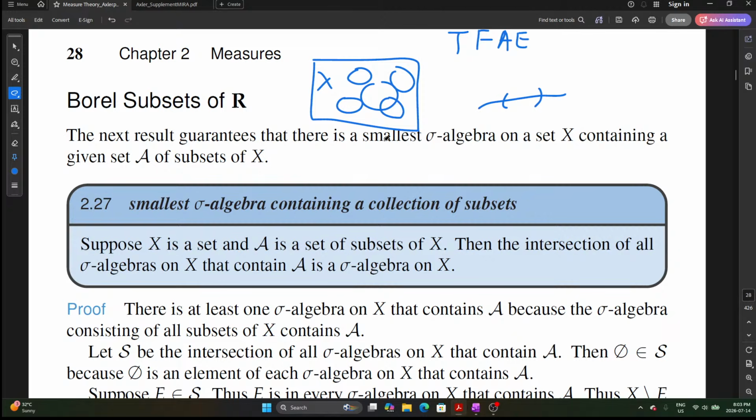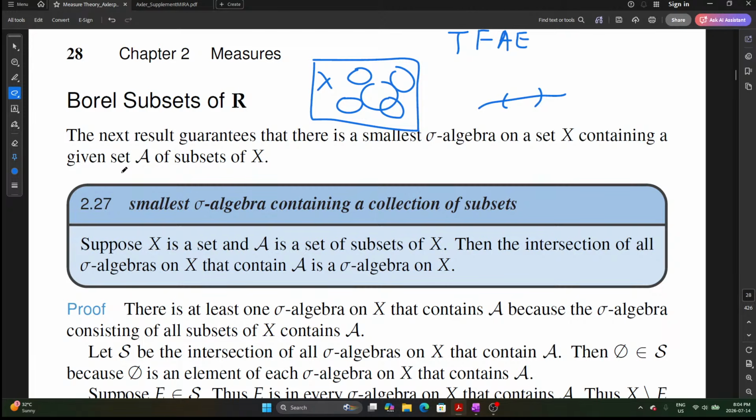So here's the problem. You have a set X and a given collection of subsets called scripted A. And we wonder if there is a sigma algebra that contains A. Of course, there is, because you have the biggest sigma algebra, the power set.